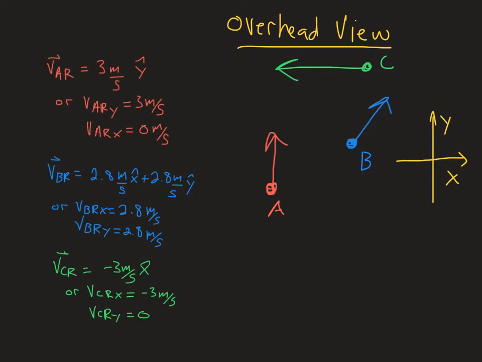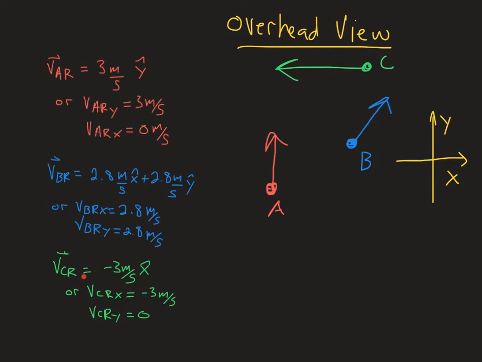I've already done it for you. But if you wanted to take the sine and cosine of 4, you'd get 2.8 and 2.8 roughly. So his x component is 2.8 meters per second and his y component is 2.8, but your book writes it like this: 2.8 meters per second in the x direction and 2.8 in the y. This is Bob relative to the road, his x component, Bob relative to the road, his y.